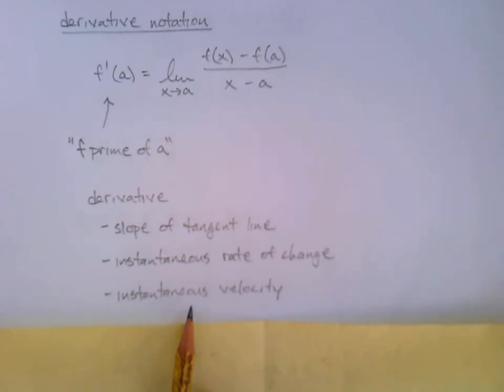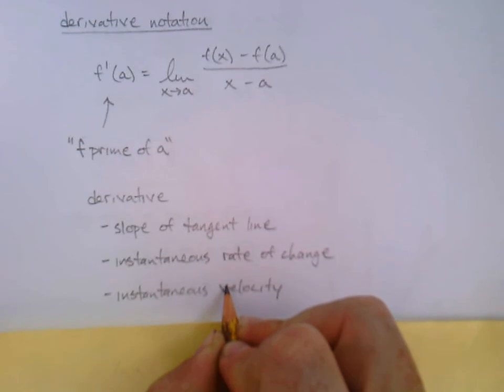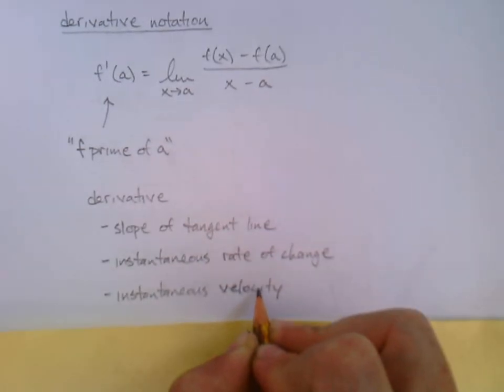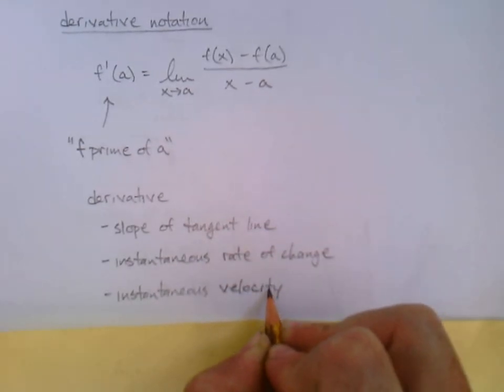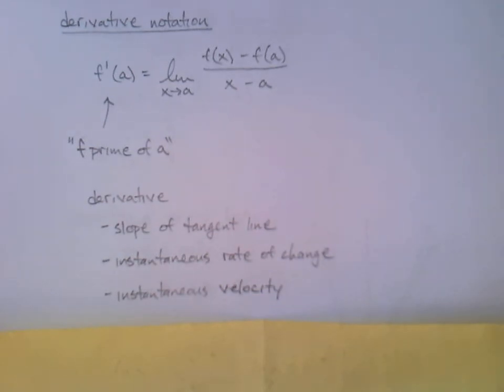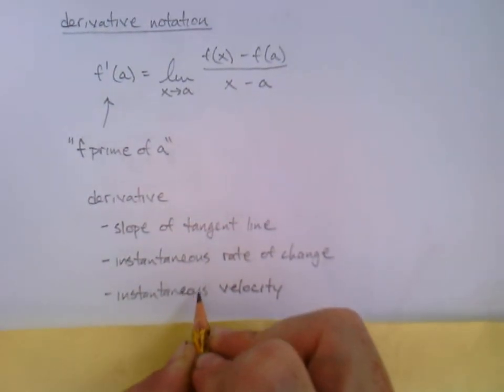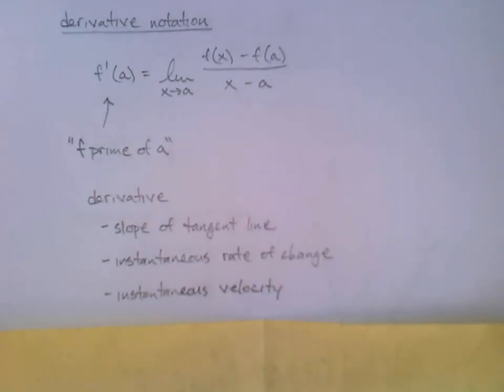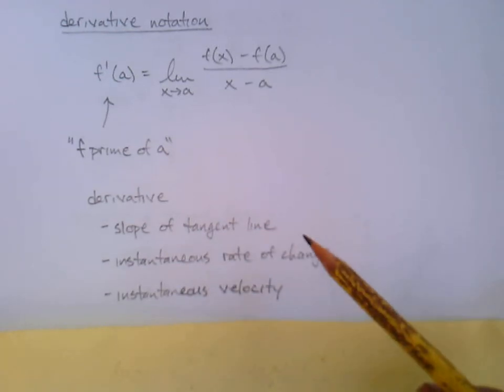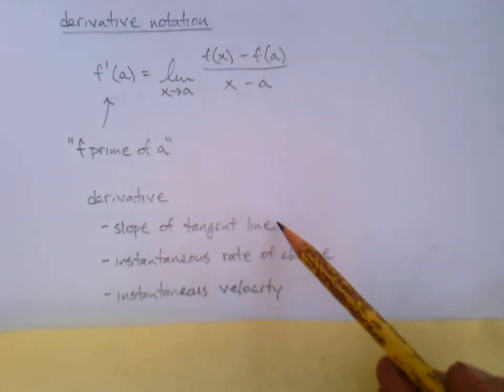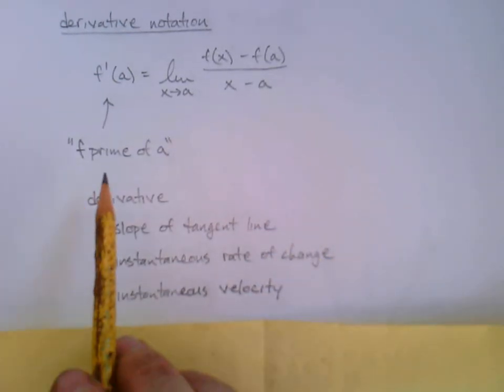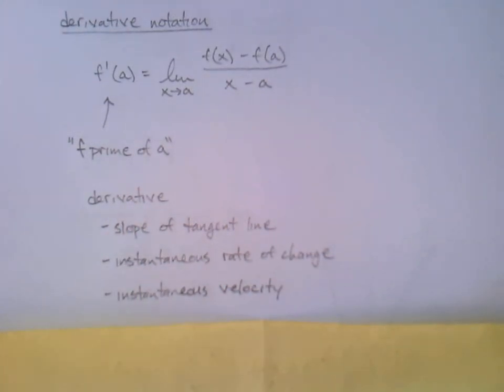How fast is the function changing? What's the velocity? Especially with physics examples, and in your project you've got an example of a watermelon falling. It has a velocity; we would refer to its change as its velocity. The point is, whenever you hear one of these phrases, just know that they all mean the derivative. They're interchangeable.